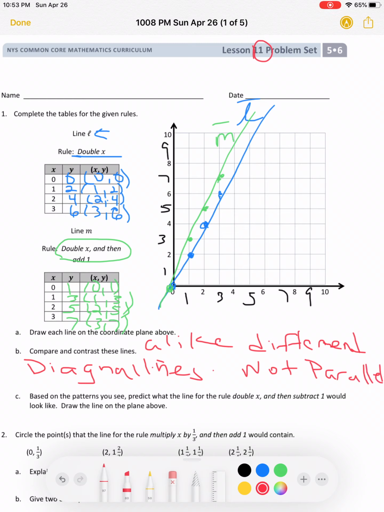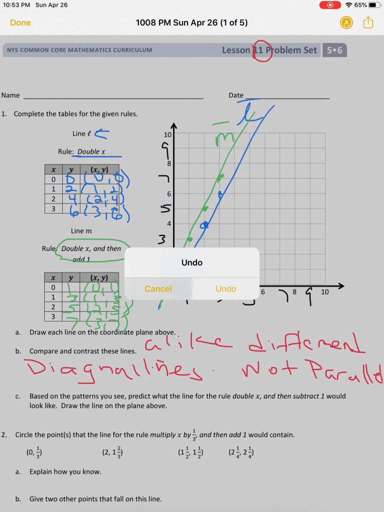Anything else that's different? If you look here, they both have the same x coordinate. Here, both have the 1 for x. They just have a different y coordinate. It looks like the same thing here. 1 for x, and they have a different y coordinate. I'm running out of room to write, but we know that is also a comparing and contrasting point.